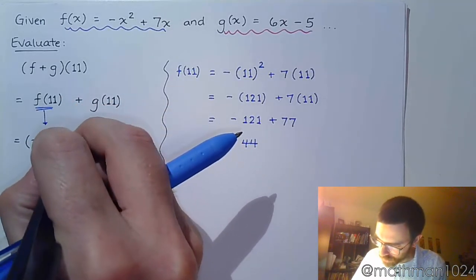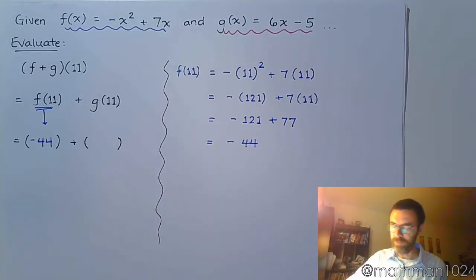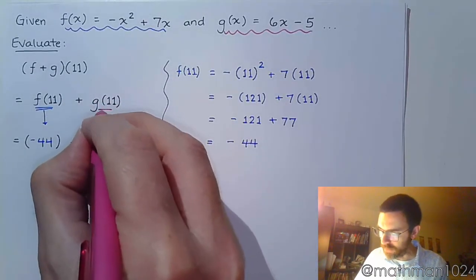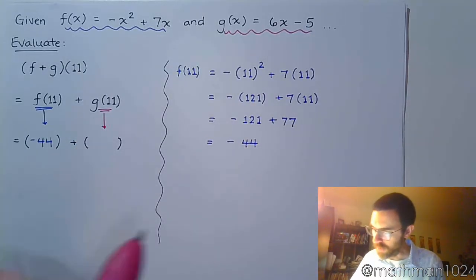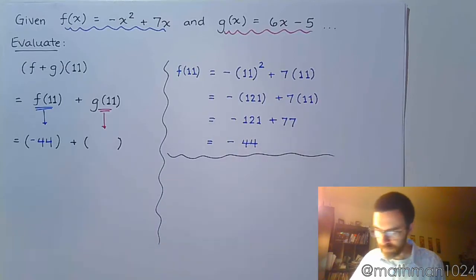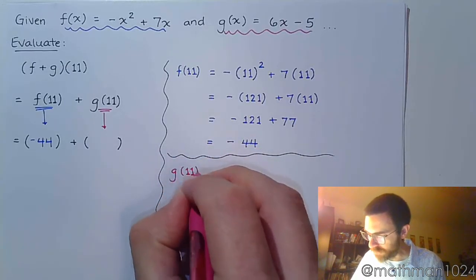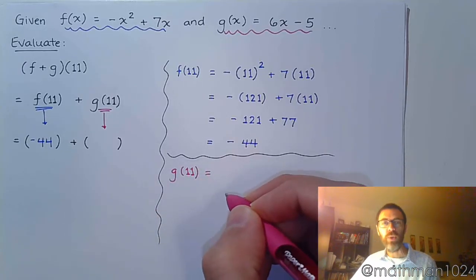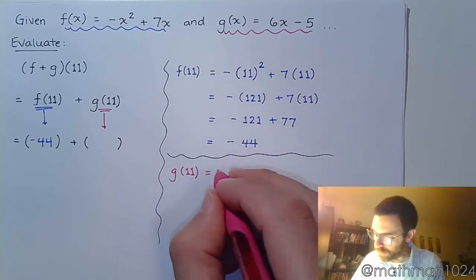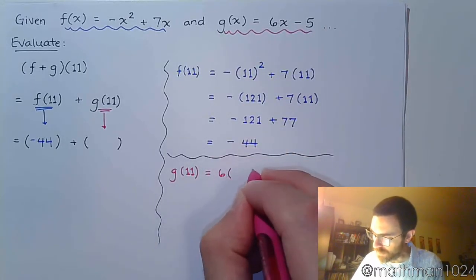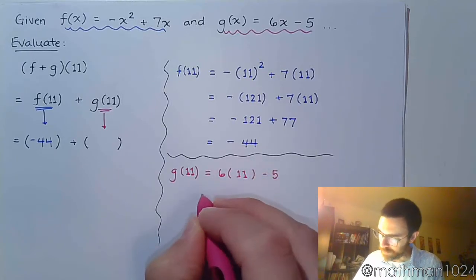And then I'm going to have to figure out what is g of 11. So g of 11 is going to be done in pink. So let's work that here off to the side. We want to know what happens when we plug 11 into the function labeled g. So when I say g of 11, x is no longer there. This x is now being replaced with a set of parentheses, and inside those parentheses, we are plugging in 11.